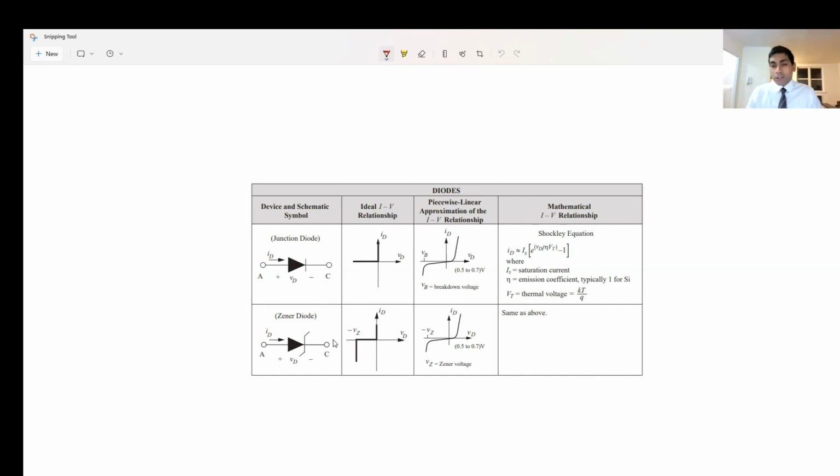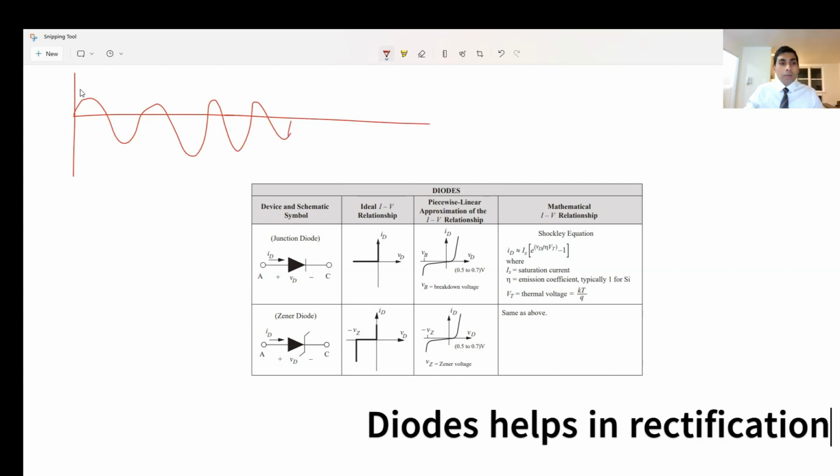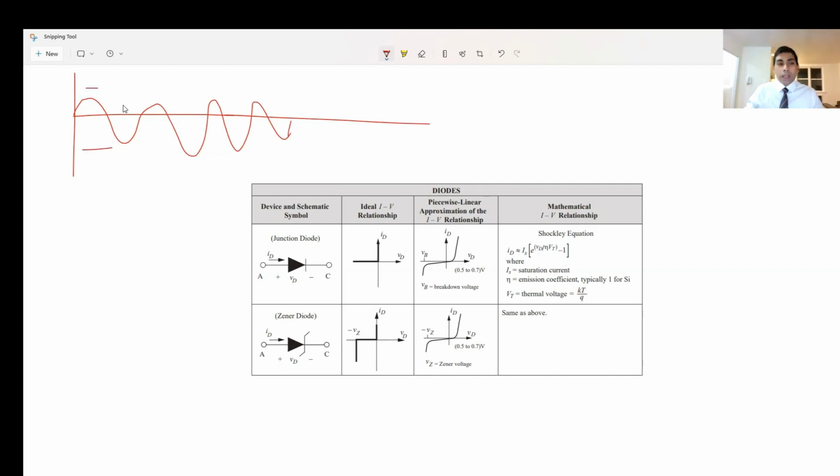And if you're wondering what rectification is, supposedly I have an AC signal, and since it oscillates between a positive and a negative, a diode would be able to convert it to a DC signal, making sure that it only conducts in the positive end of the input cycle. So this is the input cycle, and this is our output cycle.